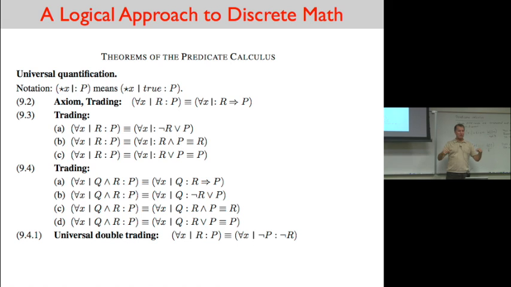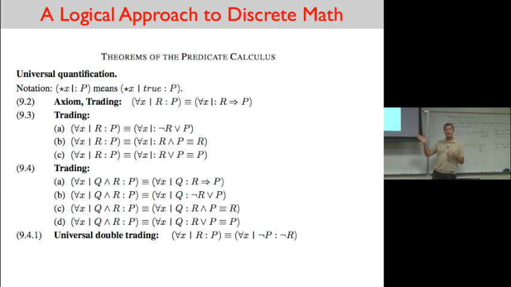Not just satisfying R, but for every possible value of x. Now, how would you know what every possible value of x is? It depends on its type, because what is a type? Remember the definition of a type? A type is a collection of values, right?